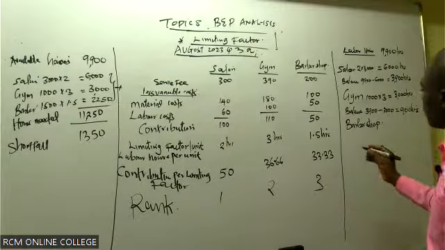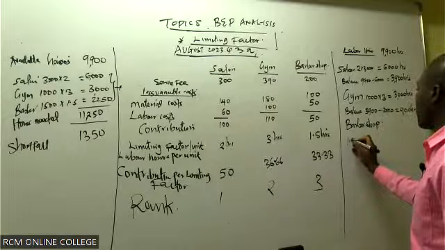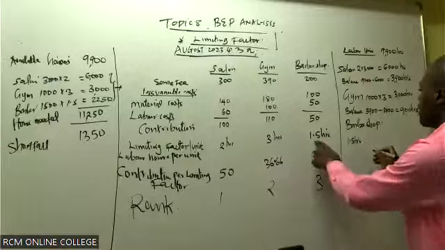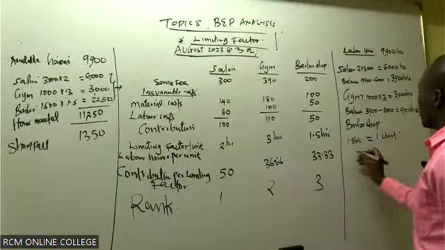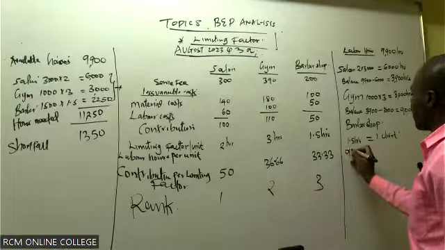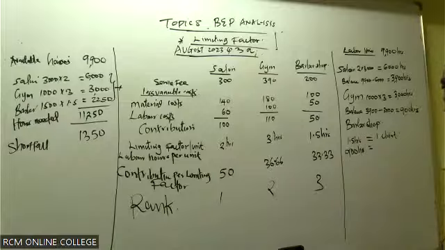For us to serve 1 client in the barbershop, we require 1.5 hours. So how many clients will we serve if we are given 900 hours?